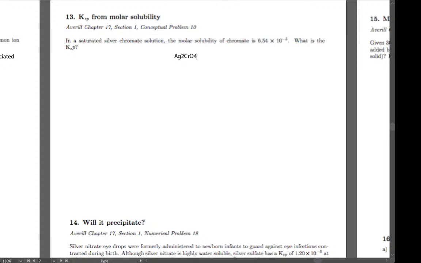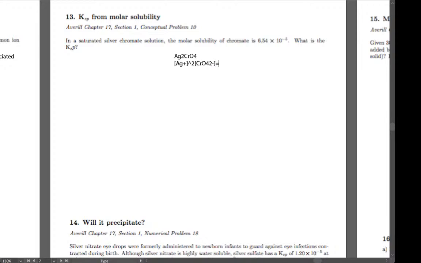In a saturated silver chromate solution, the molar solubility of chromate is 6.54 times 10 to the negative 5. So what's the Ksp? Basically you can just express this as Ag plus squared times chromate. I'm doing this in a faster method, so I'm sorry if something is not quite understood, but you can read them up.